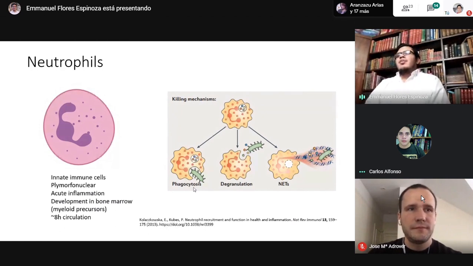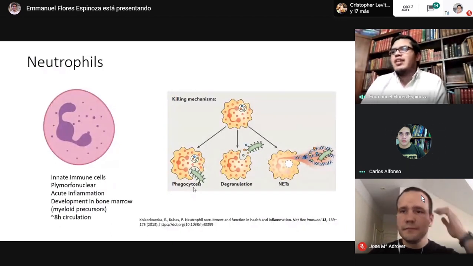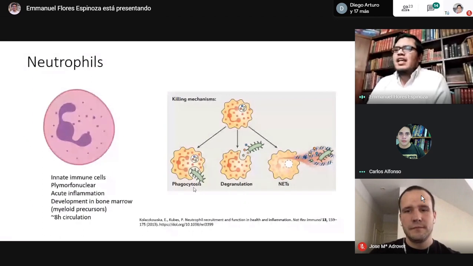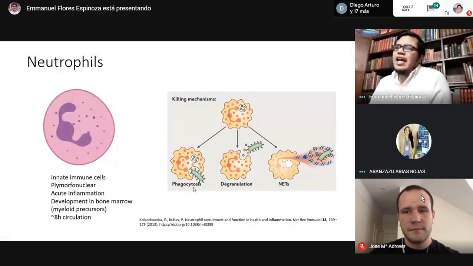These cells are important in acute inflammation responses against bacteria and different pathogen challenges, and they are developed in bone marrow like any other myeloid cells.